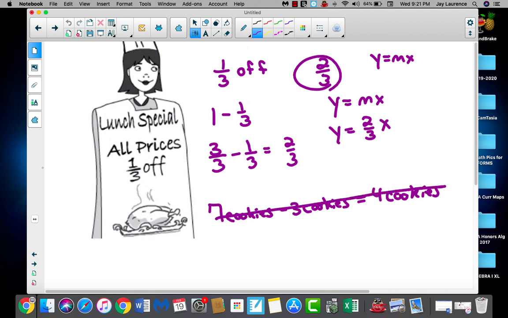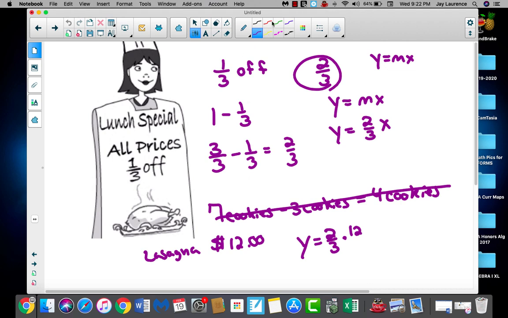So if this is the price, like let's say you ordered something and it normally costs $12. Okay, let me get rid of these cookies here. So let's say the lasagna normally costs $12. But because of the special, they're trying to sell it quickly. The price I spend, y, is going to equal 2/3 times 12.